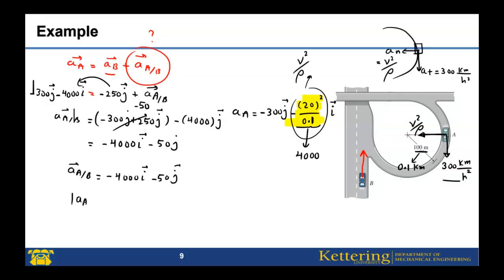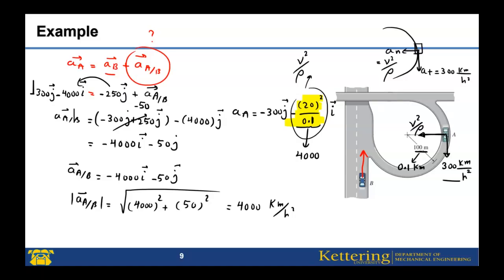The magnitude of this acceleration is the square root of 4,000 squared plus 50 squared. If you calculate this one, let me check the solutions. It is about 4,000 kilometer per hour square.